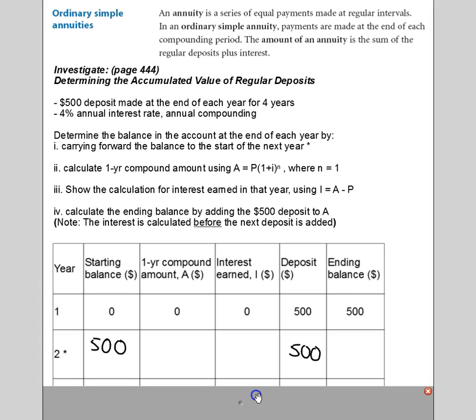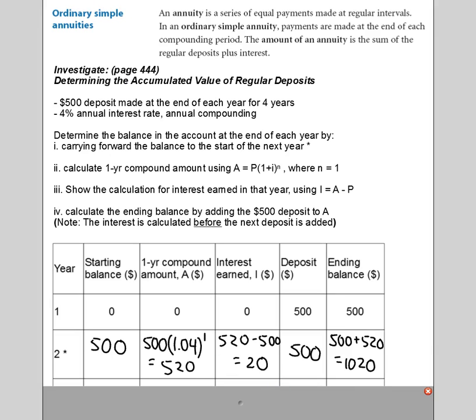So for that entire year, we'll have one compounding amount based on principal times 1 plus interest rate to the exponent n, where n is the number of compounding periods. Well, this $500 is going to be earning interest for 1 compounding period, so we're going to calculate its 1-year compound amount as follows. The interest earned we'll calculate after, and then we'll sum them together to get the ending balance.